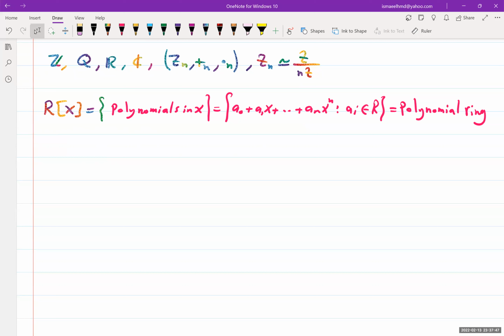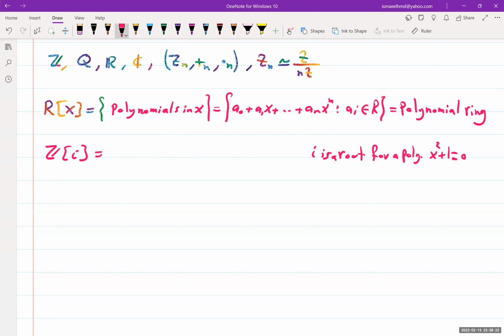So as an example for polynomial rings, we have Z[i], which is called the Gaussian integer ring. We know i is a root of the polynomial x squared plus 1 equal to 0.